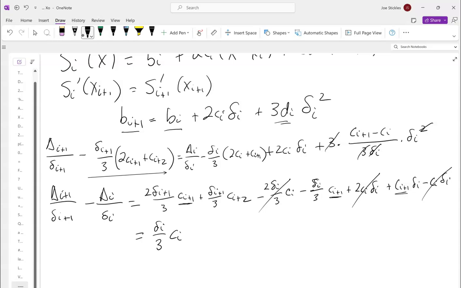This first one has a delta I plus 1 in it, right? The other two have delta sub I's. But notice that this is 2/3 delta I plus 1. When I simplify this one and this one, I'll also get a plus 2/3 delta sub I, right? So I can rewrite this as 2/3 times delta I plus 1 C sub I plus 1.